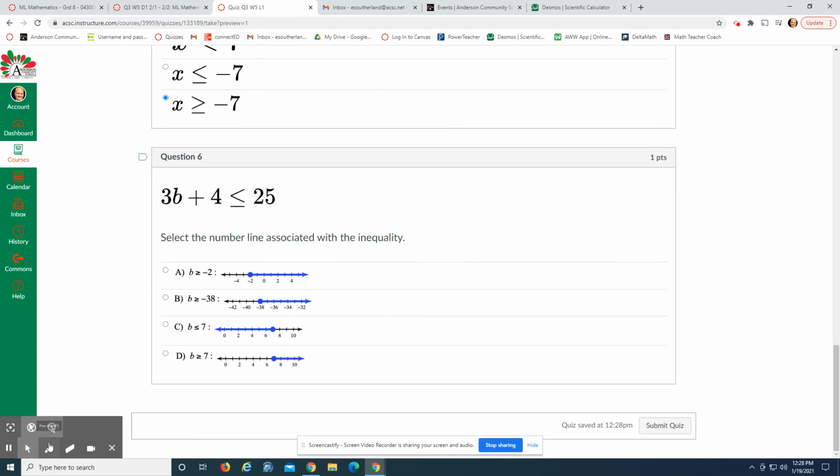Looking at the next one, we want to do the same thing. We're going to solve it. So we're going to start out by subtracting 4 on both sides. 3b just drops down. The 4s will cancel. The sign stays the same. 25 minus 4 is 21. Divide both sides by 3.